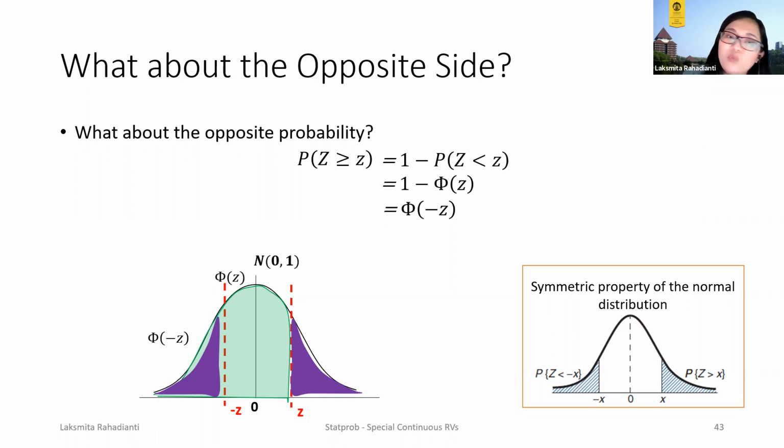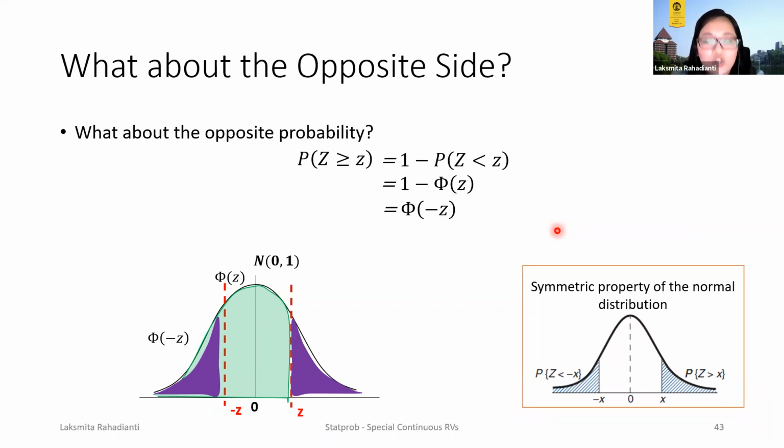Why do I need to do 1 minus phi z? I could just do phi minus z. So one time look up without needing to do any computations at all. And thus, this gives you how to compute the opposite side of the probability.